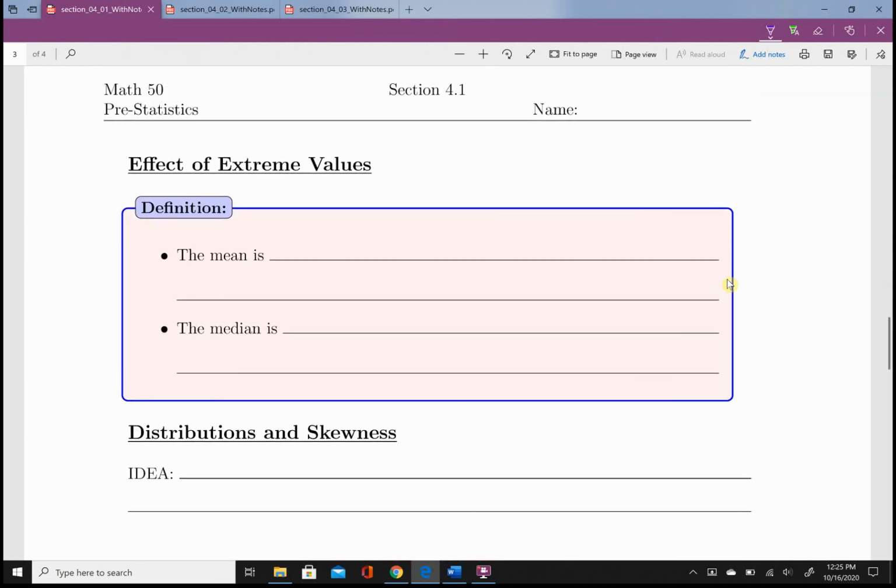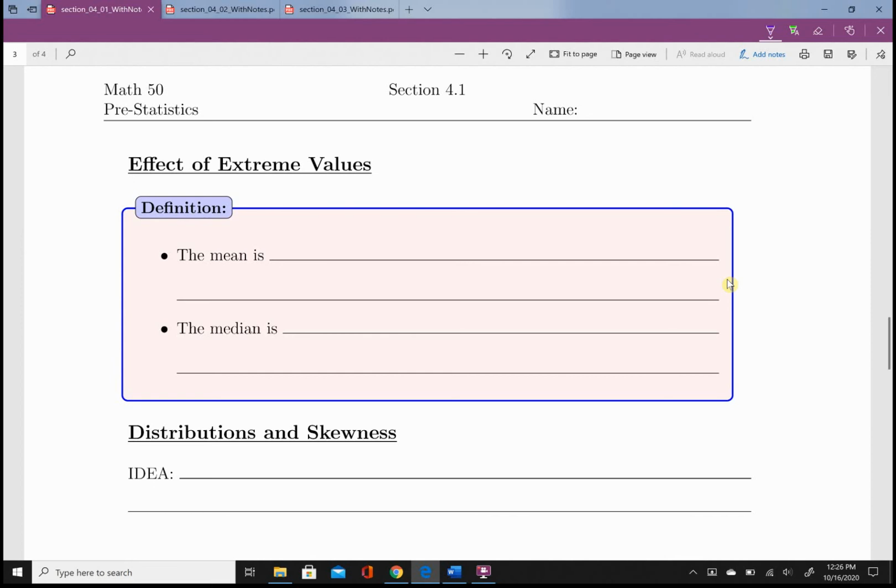Effect of extreme values. Okay, so depending on what kind of distribution you have in your data, you can have outliers making a big difference in your measures of center, depending on which measure of center you are choosing to represent your data.